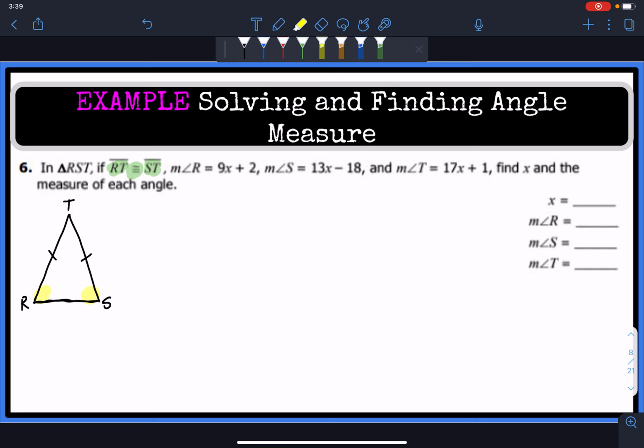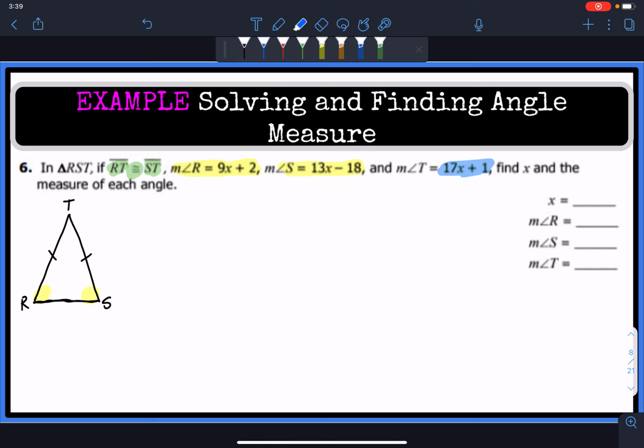We're told that angle R is 9x plus 2, and angle S is 13x minus 18. They also tell me that angle T is 17x plus 1, but we're not going to use that to figure out the variable x.